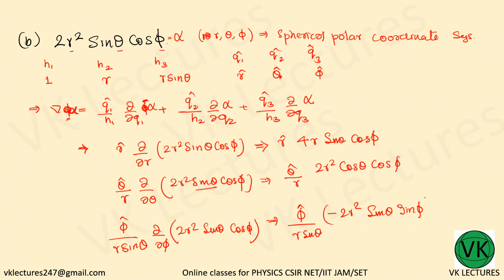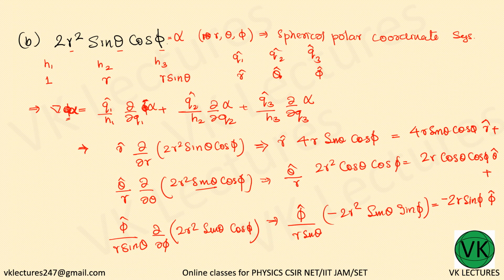Now this is what you have. Now this you have to divide. So that is 4r sin theta cos phi r cap plus, this r and r get cancelled, 2r cos theta cos phi theta cap plus, this r sin theta will get cancelled, so minus 2r sin phi phi cap.